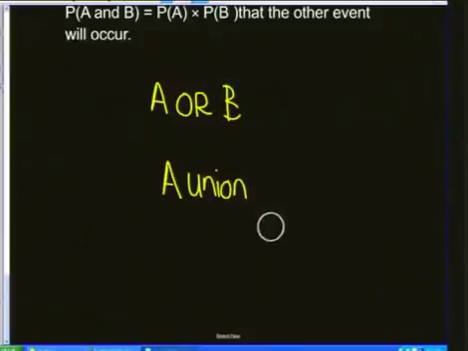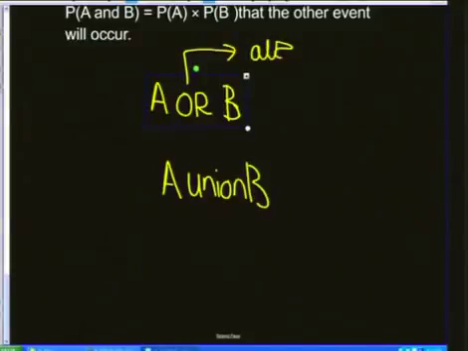All I'm wanting to look at is that when I'm looking for the set that asks for or, then I'm taking all the elements.